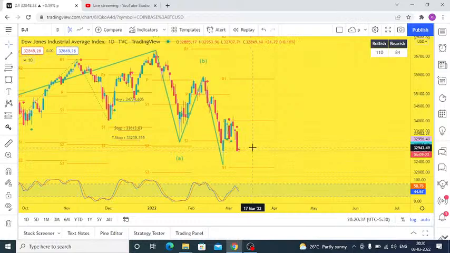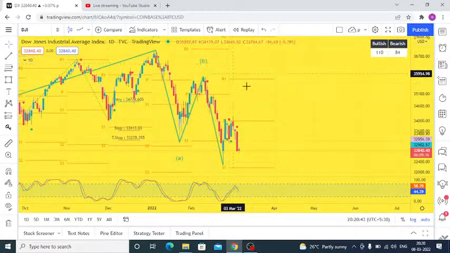32,739 is the low, and high is 32,953. And just look at these bars. Open was 885, then low was 834, and low was 707, and high is 953. So what is the combination between open, high, low, close?